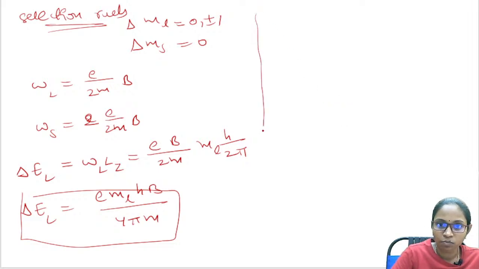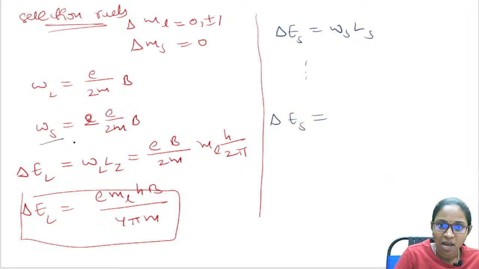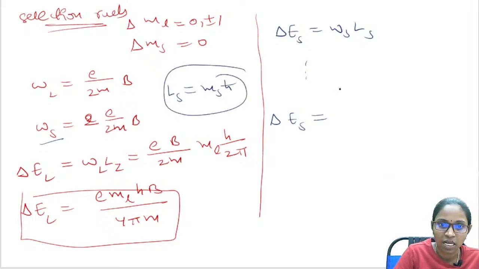And coming to the spin angular momentum energy, delta Es equals omega S times Ls. You just solve this equation by substituting omega S and the magnitude of Ls equal to MS h cross. You just substitute these values in this equation and find the result.